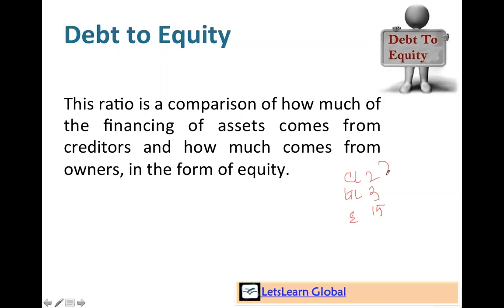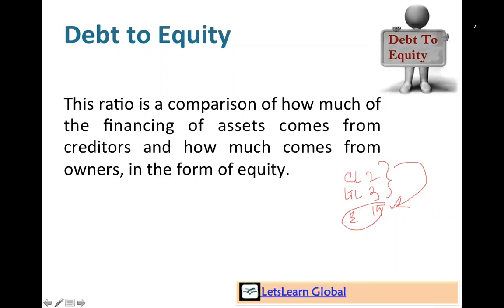Here we are studying the relationship between this amount and this amount, the debt to equity ratio. So in terms of this, how much money do we have here? This amount is to be taken into consideration here.